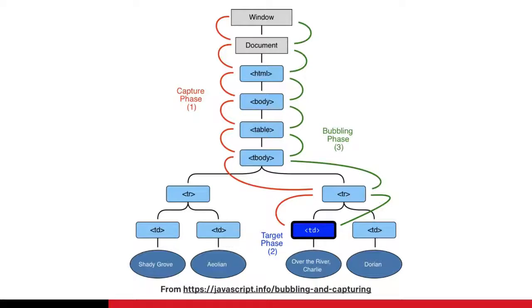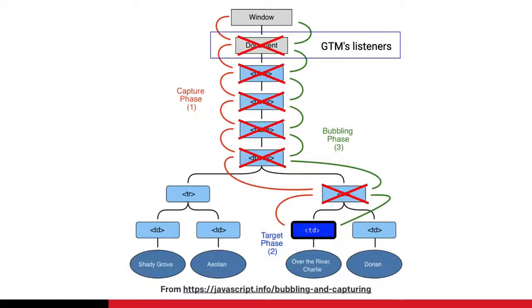But the result is that the table row says, hey, I just learned that the table cell was clicked, but I don't want to inform anything above me in the tree anymore that something was clicked. So it basically stops the bubbling phase altogether. So none of these elements, all the way up to GTM's listeners on the document node, will know that there was a click on the table cell.